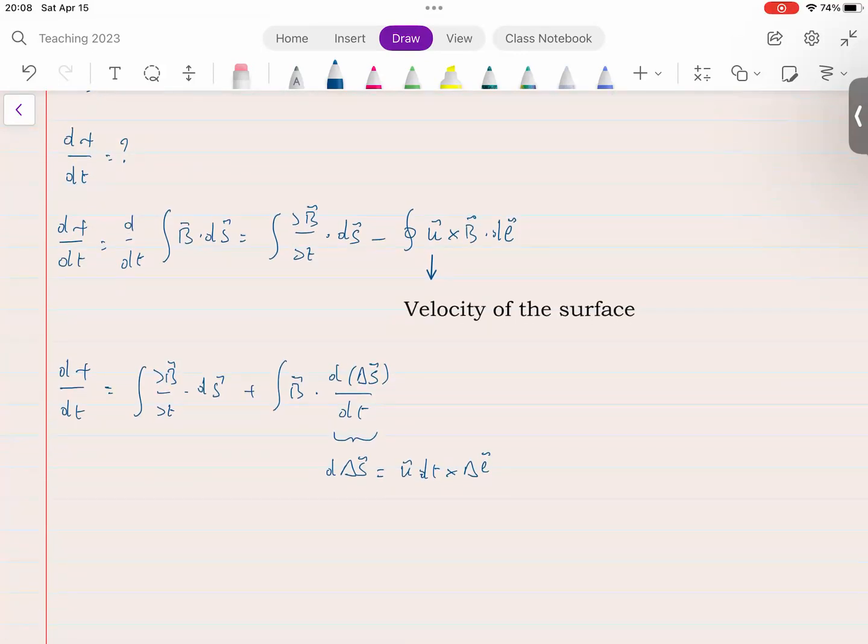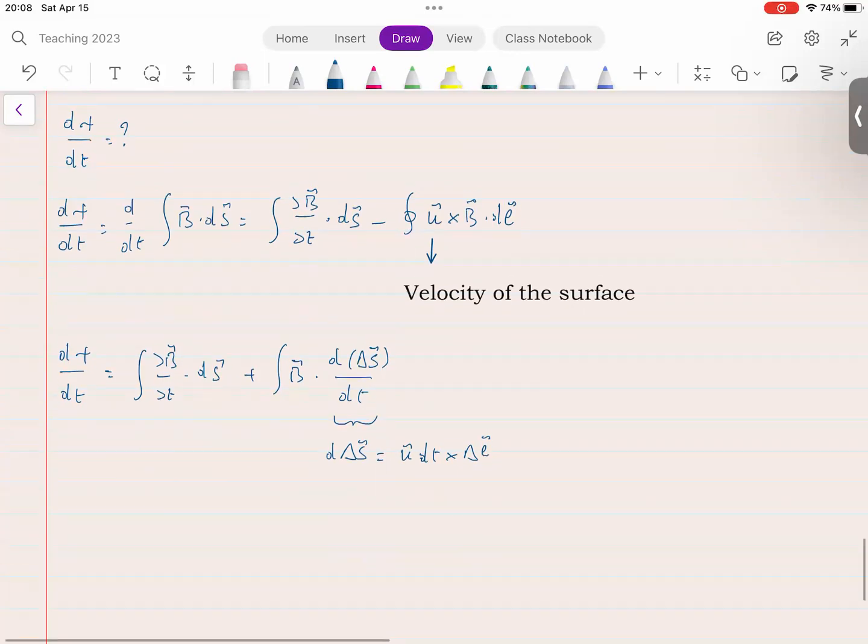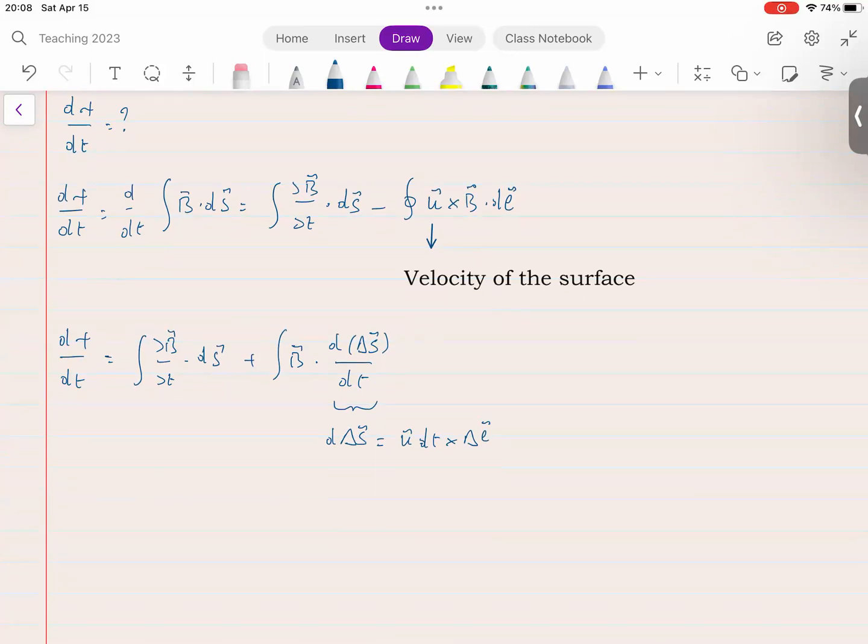And then if I take the derivative with respect to time, I obtain that the derivative of my surface over time is going to be equal to u cross dl, or delta L if you prefer.